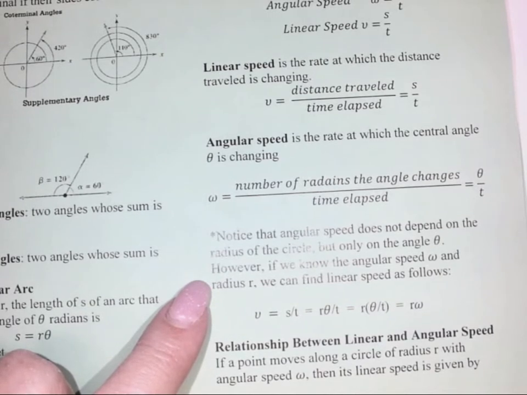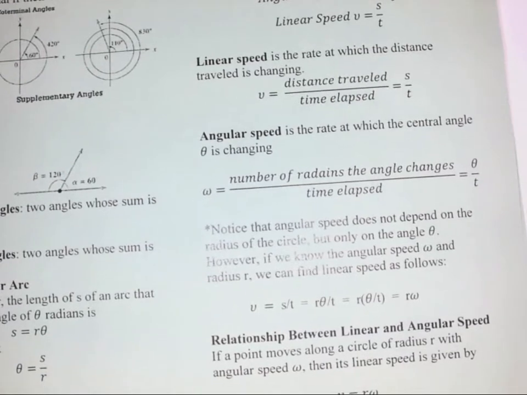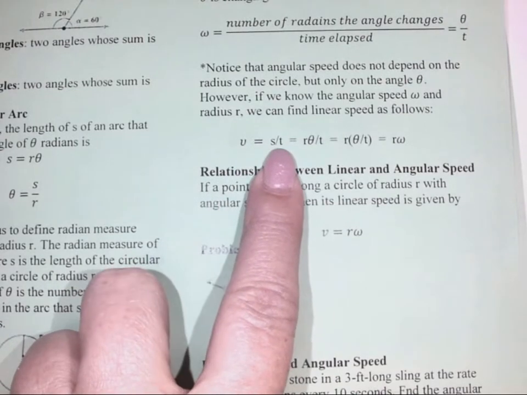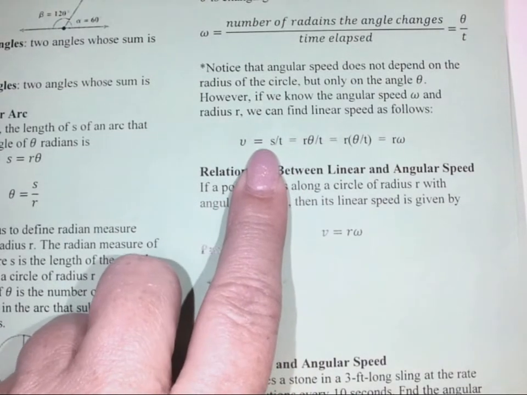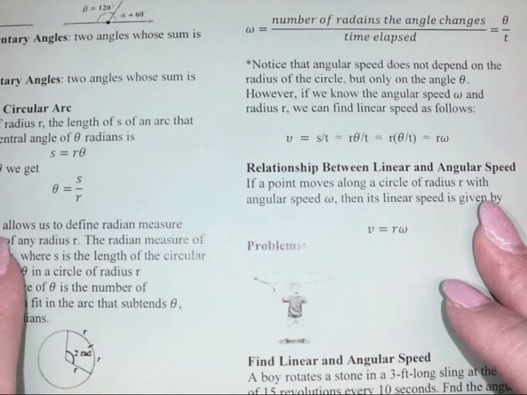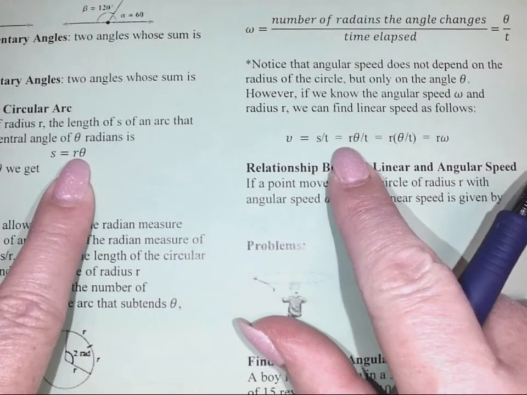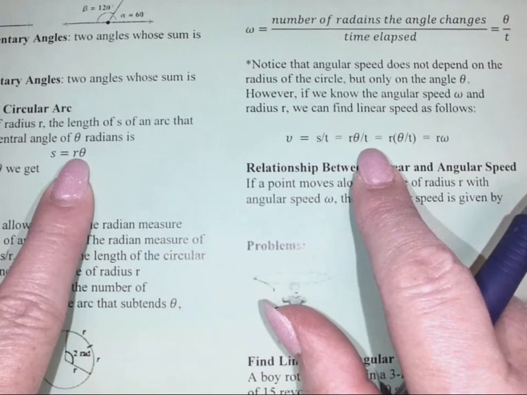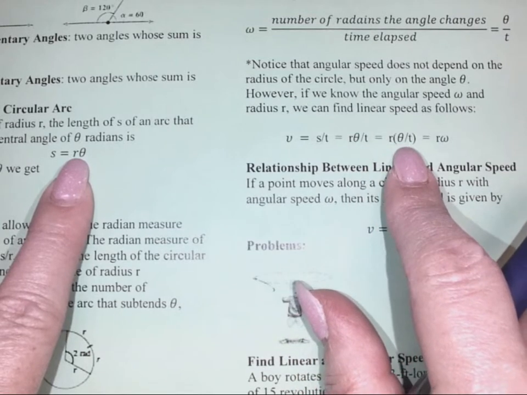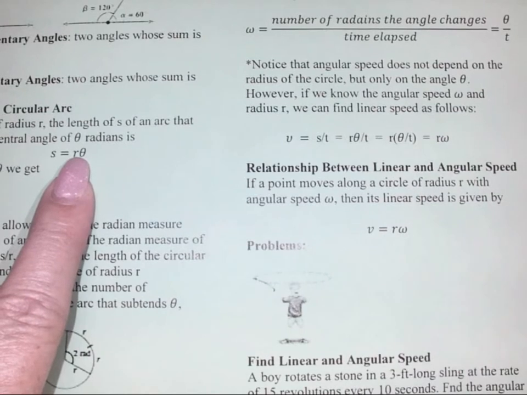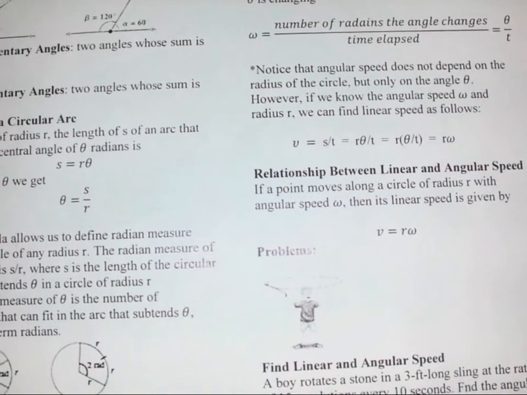However, if we know the angular speed and the radius, we can find the linear speed as follows. v is equal to s over t, and we know from earlier that s is equal to r theta. So we can substitute r theta over t and get r times theta over t, which is just r times omega. It doesn't really matter.